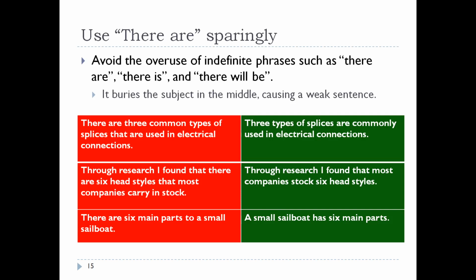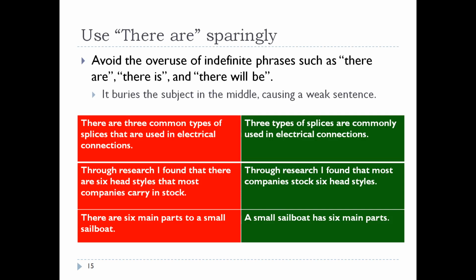So look at these examples. There are 3 common types of splices that are used in electrical connections. So "there are" dilutes the effect of 3 common types of splices. You can create a sentence without "there are," and that sentence would be more meaningful.